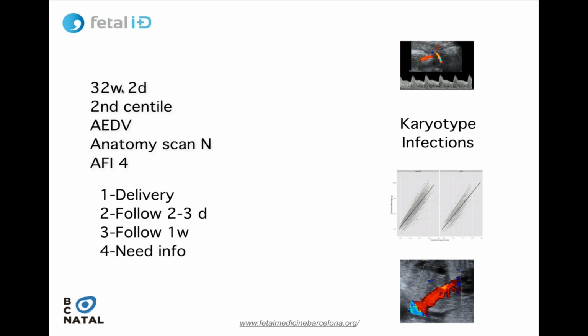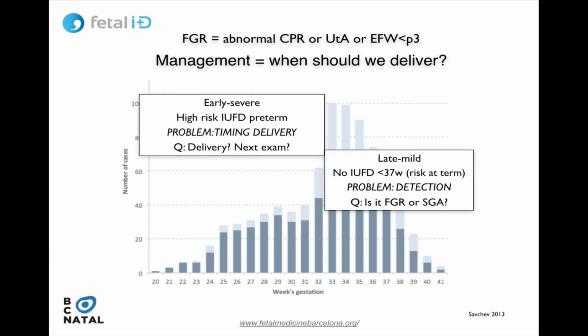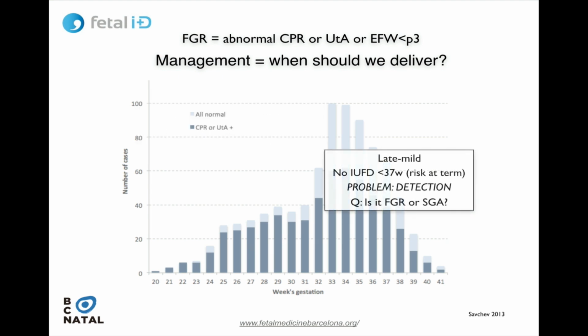So some protocols tell you, and so let me explain what I want to say, and then I will come back to this case. We discussed first this typical case of late growth restriction that appears later in pregnancy. The main problem in these cases is to know whether it's high risk or low risk, because you are going to deliver at 37 weeks or not.